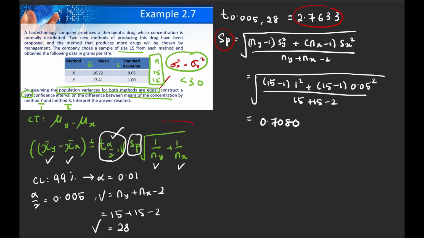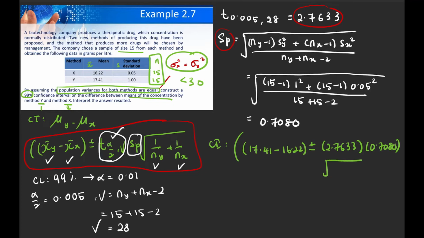Substitute all into this formula. So for the confidence interval, you will get x bar y is 17.41 minus x bar x is 16.22, plus minus 2.7633 times 0.7080 times square root of 1 over 15 plus 1 over 15.